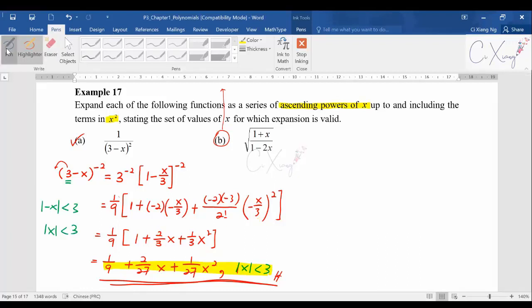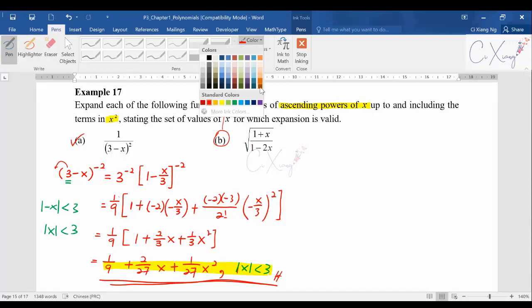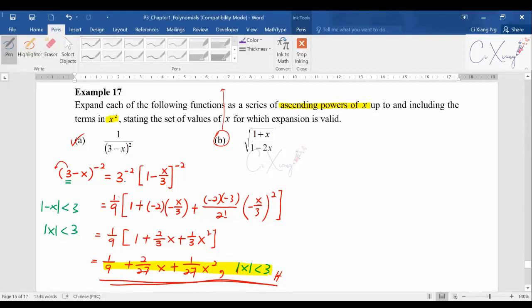Okay, now I will discuss with you how to do part B, and then you try it out on your own. Part B is not related to the one we explained before, though both start with 1. No matter how, I will guide you on how to do it, and you try and see whether you can get the answer. For this one, there is a square root for the whole bracket.